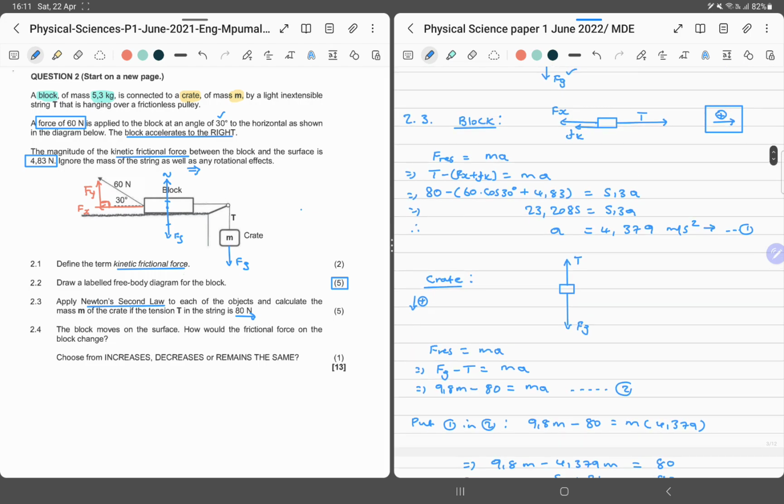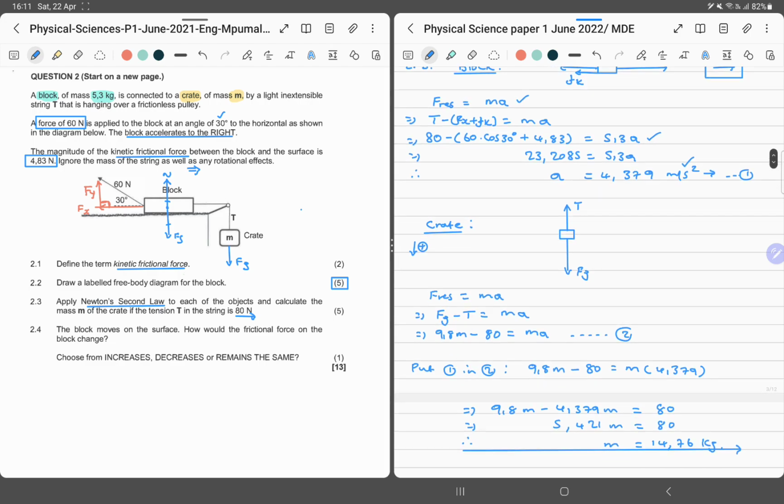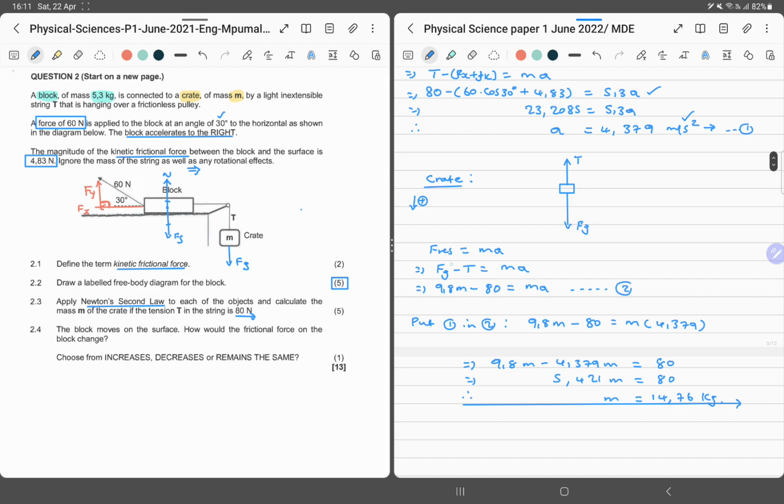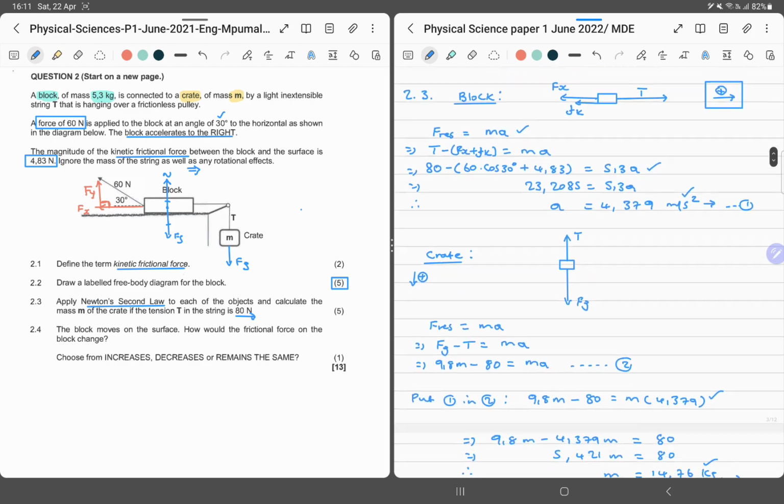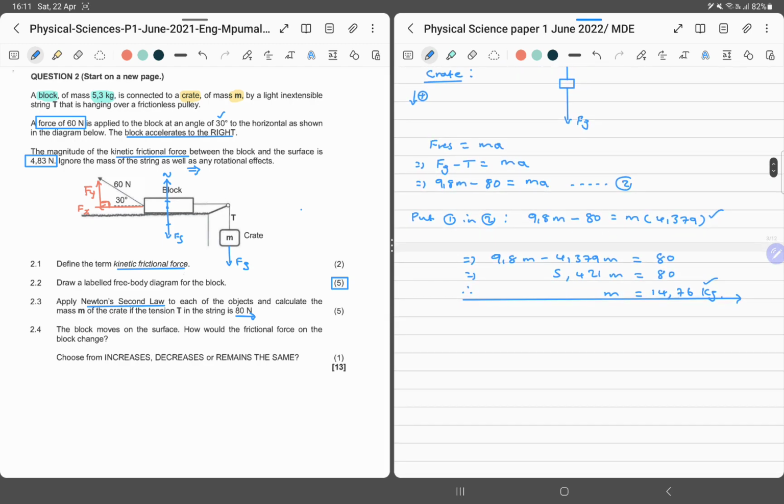Using Newton's second law of motion is great, getting the substitution there is great, and getting the acceleration was great. You're not going to get a mark for this formula and for that substitution alone, but this particular step is important in the final answer. So that's how those 5 marks are scored. Let's do 2.4.